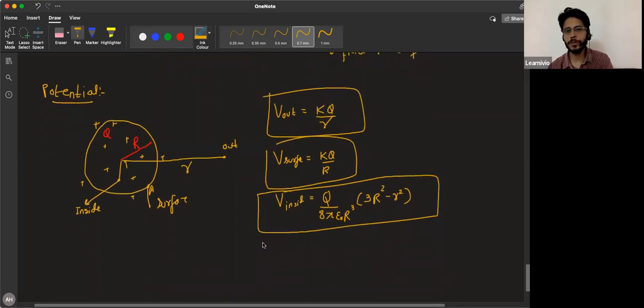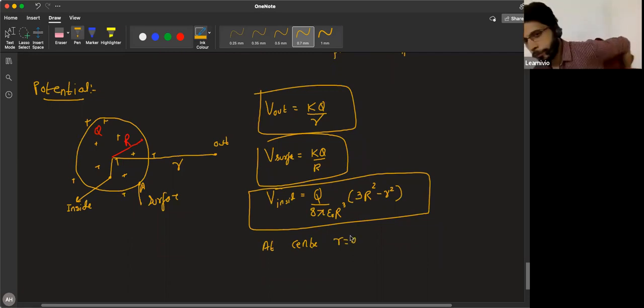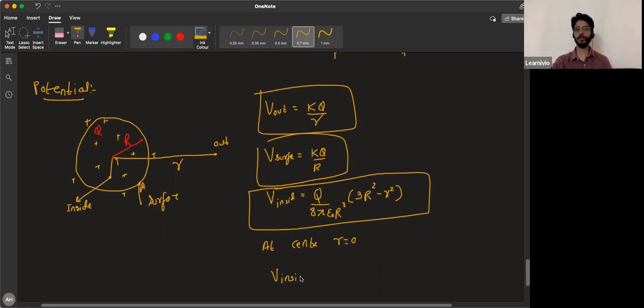Now, if I ask you to calculate the potential at the center, at the center your r is equal to 0. You're calculating all separations from the center. If I substitute these values here, I will get the potential inside the sphere as q by 8 pi epsilon naught R cube, into 3R square.